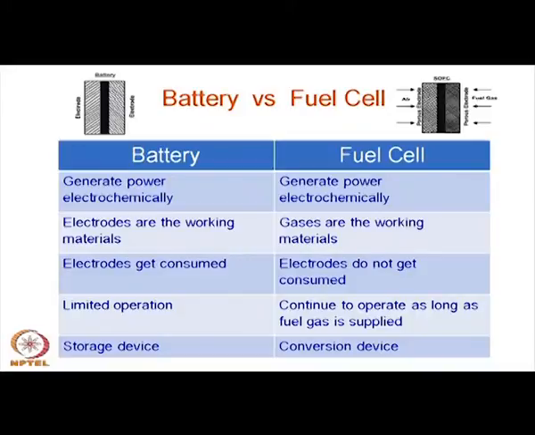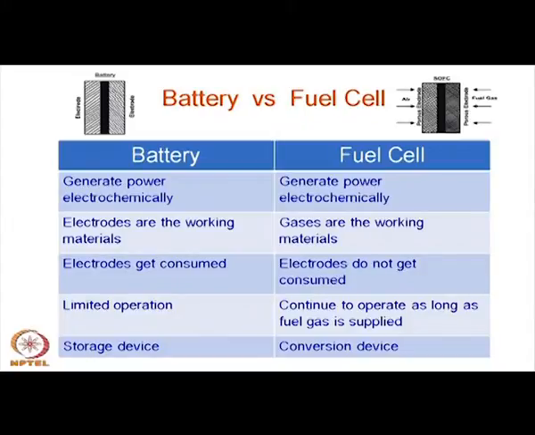Here it is said the electrodes are the contacts. So, the contacts do not get consumed; it is the reactants, the fuel and the oxidant, which get consumed in a continuous manner. The basic electrodes remain the same. Electrodes here means the contacts and the current collectors.